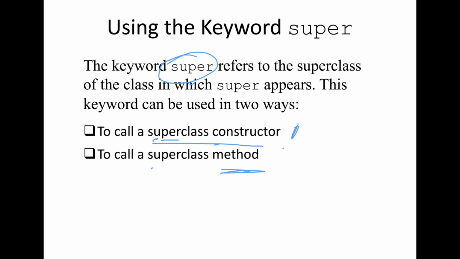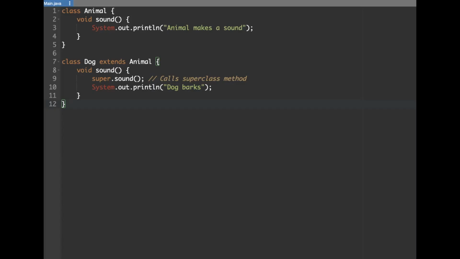We'll look at some examples next. Incidentally, you can use super to access methods of the superclass within the subclass. This is the second use case. This is useful when a subclass overrides a method but still needs to access the superclass implementation. Let's look at both examples.